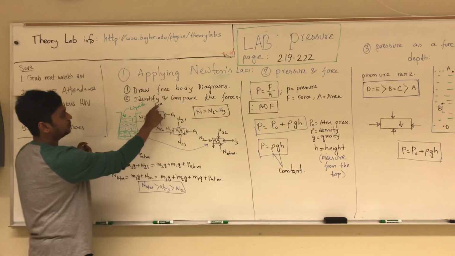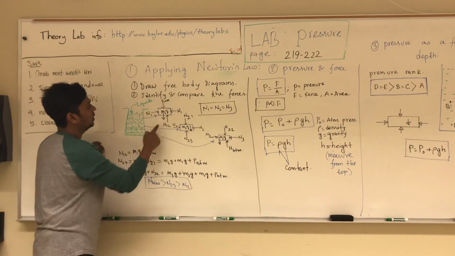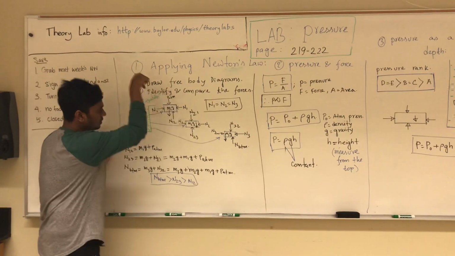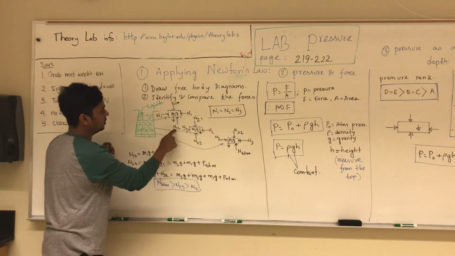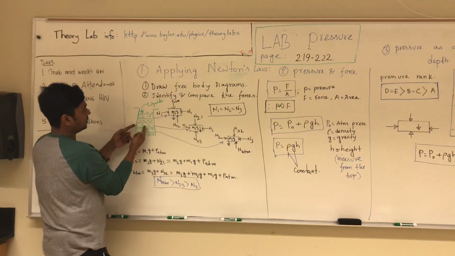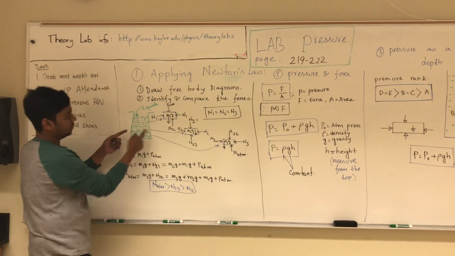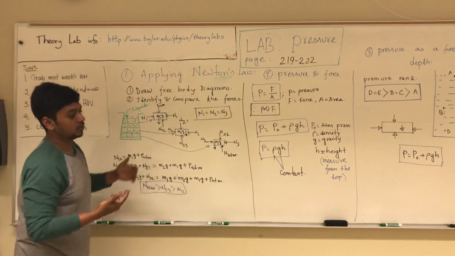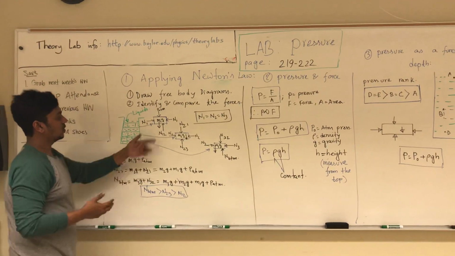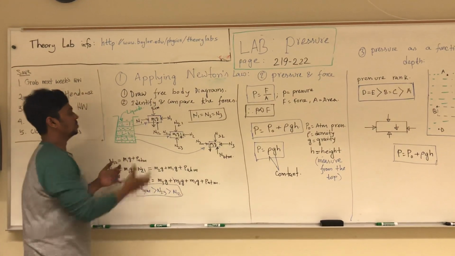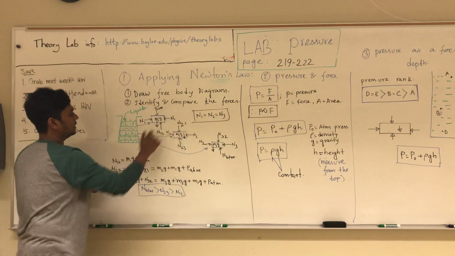That's why I wrote P atm. Then M1g is the mass times gravity working downward. N12 is the normal force due to layer 2. We are all familiar with contact force or Newton's pairs. This N12 and N1 is that type of force.